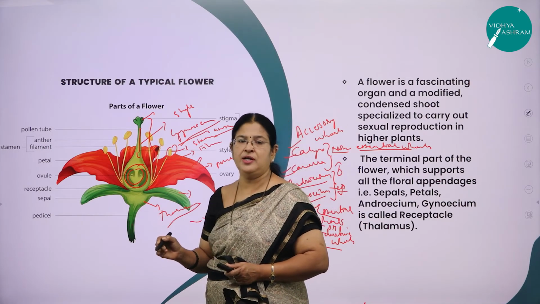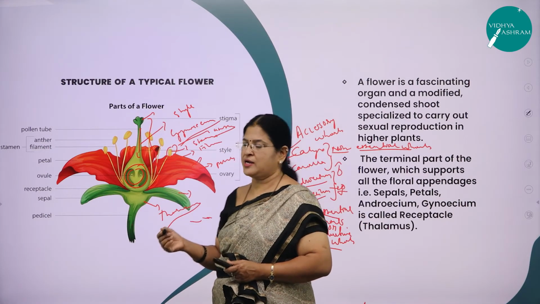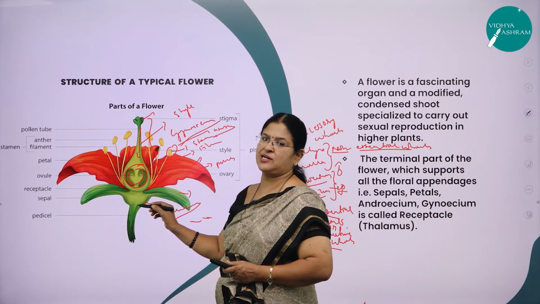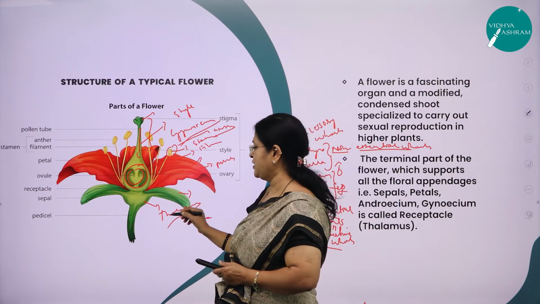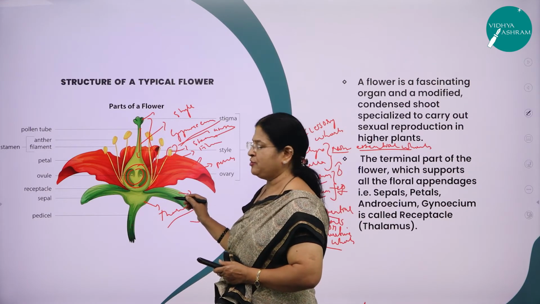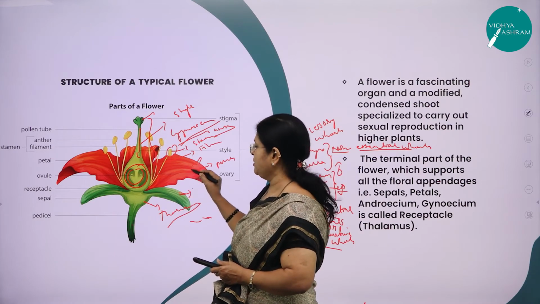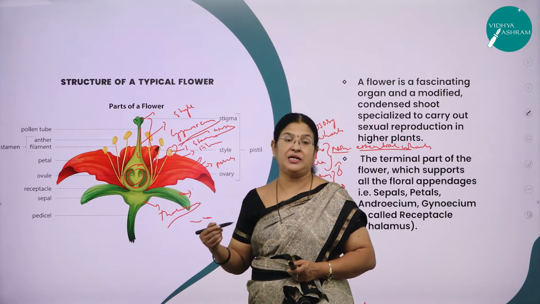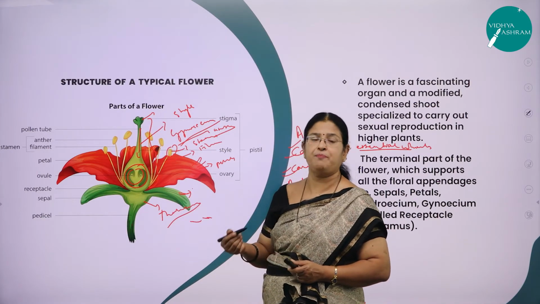Hope you have understood. A typical bisexual flower consists of the stalk, called pedicel, and the cup-like structure which holds all the 4 whorls of a flower is called thalamus or torus or receptacle, and the units of calyx are called sepals. You can see here, and the petals, as you know, are brightly colored and multicolored to attract the insects for pollination.